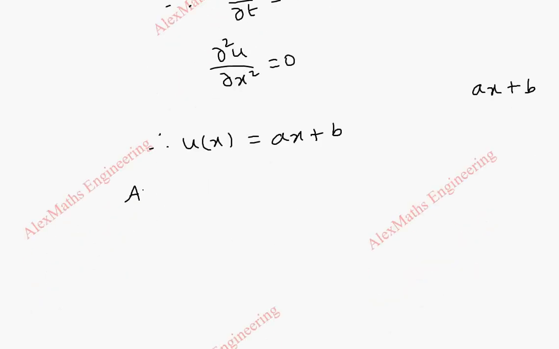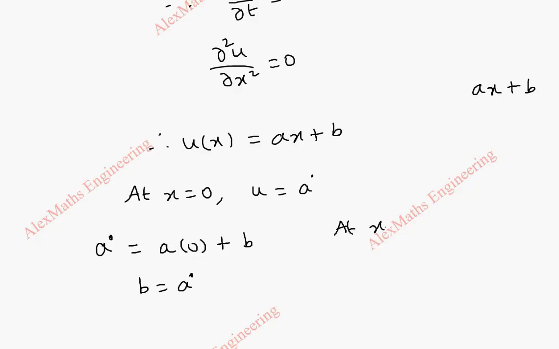Now X equal to 0 is the end A, and we have the temperature U as A degree centigrade. So A degree centigrade will be A into 0 plus B, so we get the constant B as A degree centigrade. Similarly, at X equal to the length L, that is at the end B, the temperature U is B degree centigrade.